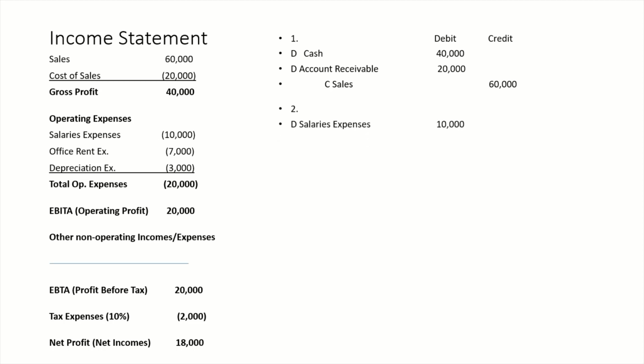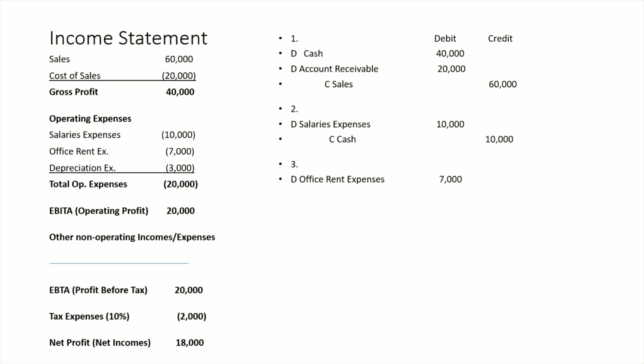The second part of the example is recording salaries expenses. So we debited salaries expenses for 10,000 euros. And since we paid for these expenses, we credited cash for 10,000 euros.